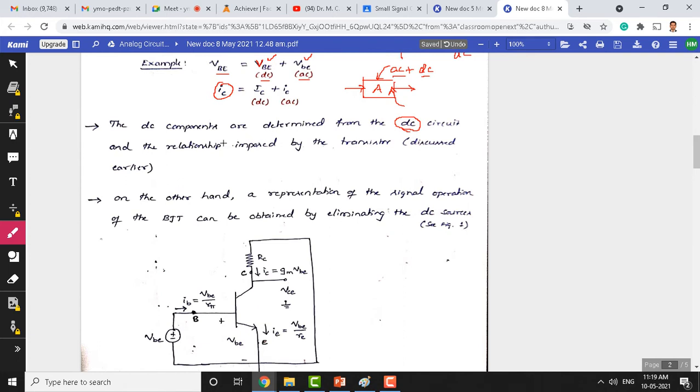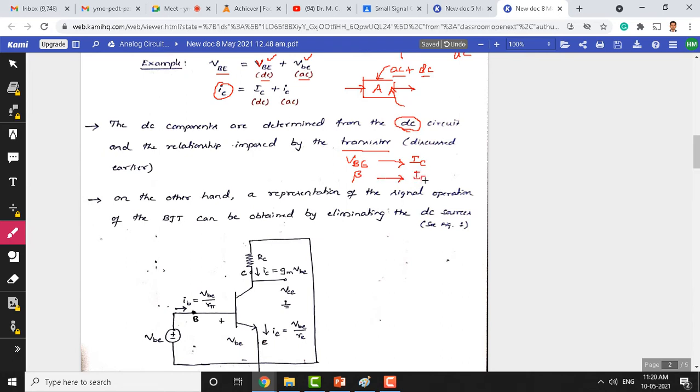And we have studied, under the DC condition, what restrictions are imposed by the transistor here. We have seen how the variation of base emitter voltage, VBE, changes the DC collector current, in the very beginning, and we have also seen how a change in beta changes the collector current.